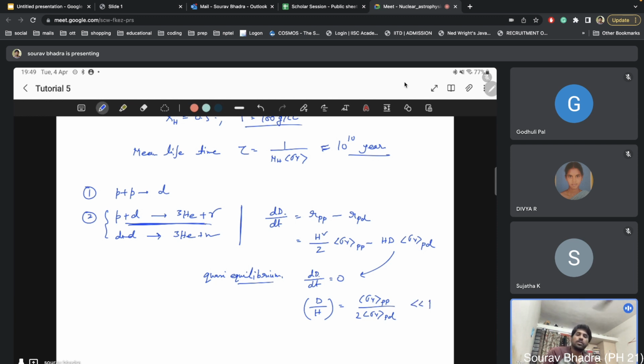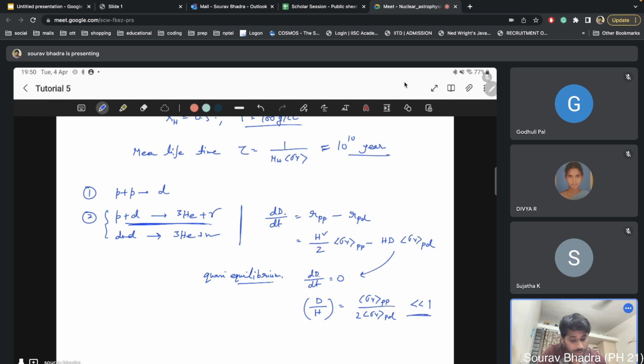That means the number of deuterium will be very small compared to the number of hydrogen. If there are suppose 1000 particles of hydrogen, then there will be 1 deuterium, roughly. This is not an exact value, because it is very much less than 1. So, deuterium burning happens in this way.